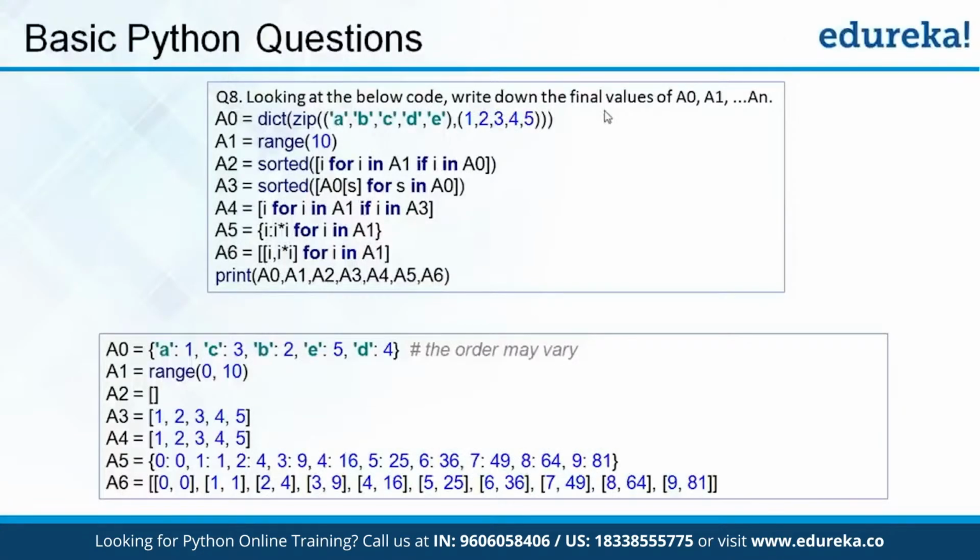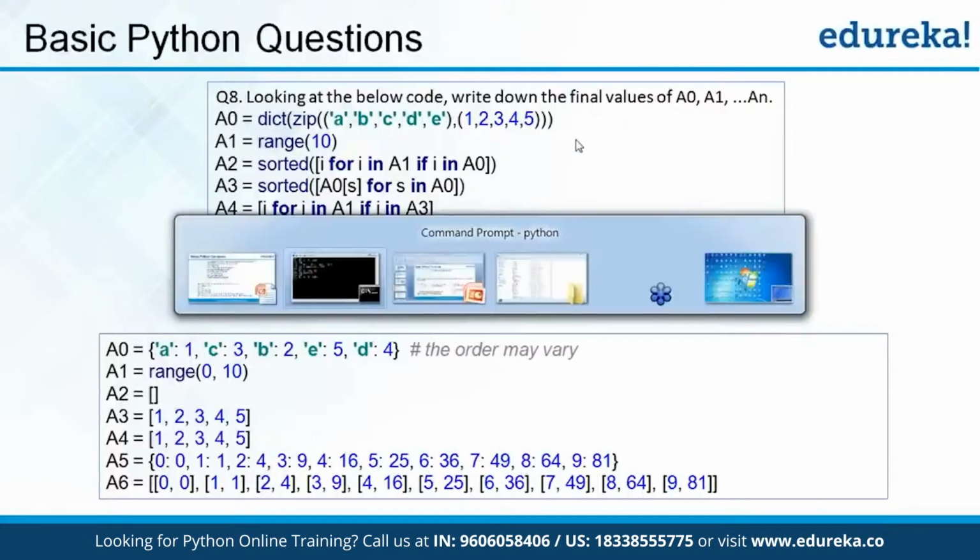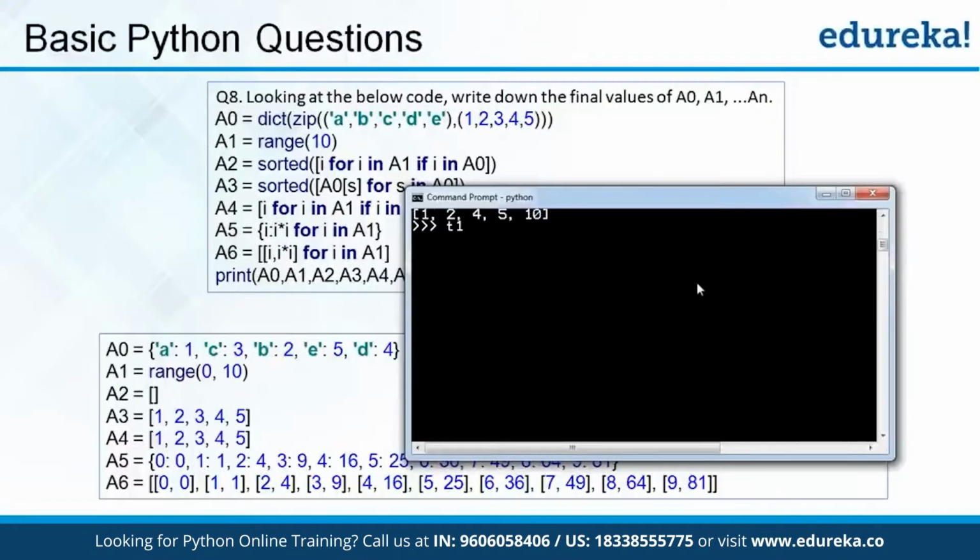Now, you have another set of questions over here, which are simple programmatic questions. So let's take a look at that. T1 is equal to A, B, C, D, E, and T2 is equal to 1, 2, 3, 4, 5. You want to create a dictionary out of two different lists or tuples which have a matching number of elements.